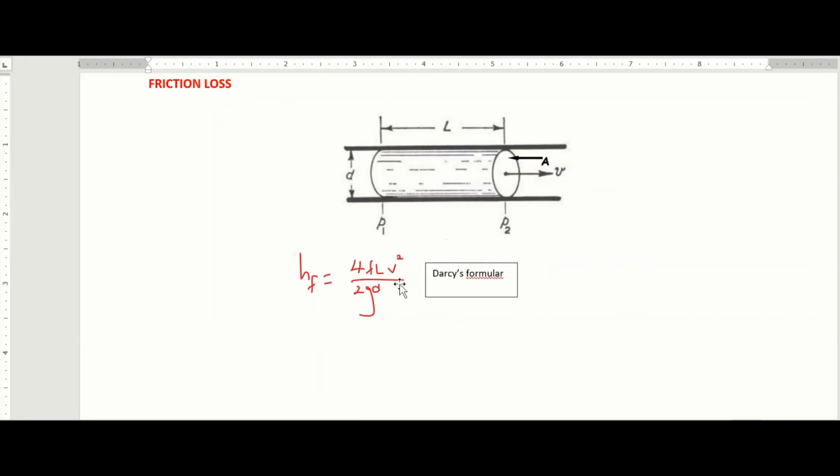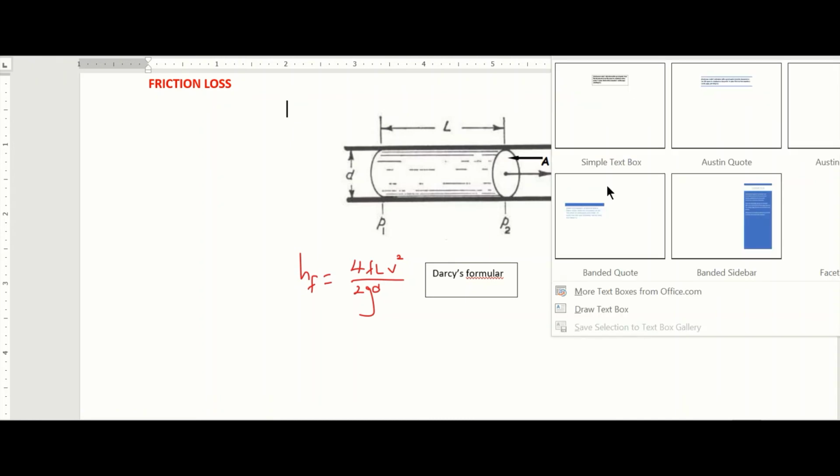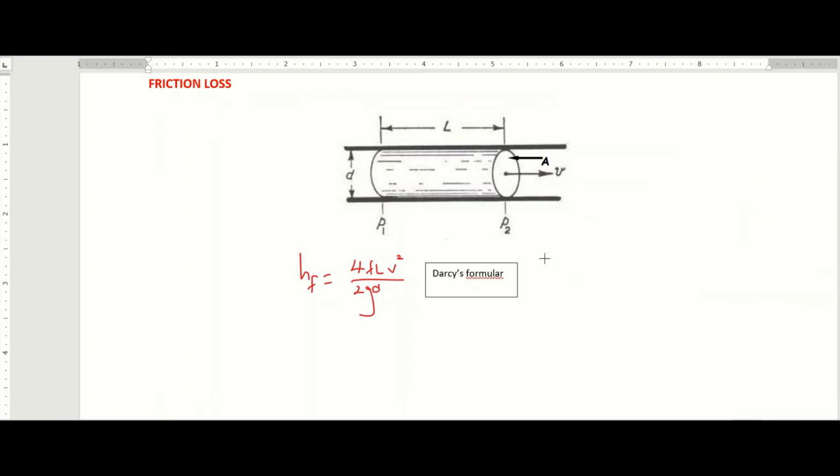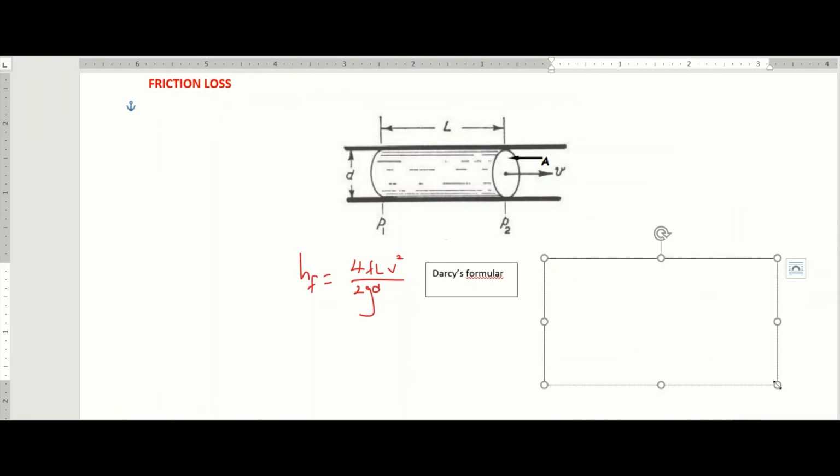So each of these parameters represents something. I'll give us the names for each of those parameters you see in the equation. The F is the Darcy's coefficient. Most times in questions, you are always given the Darcy's coefficient. The L is the length of the pipe.